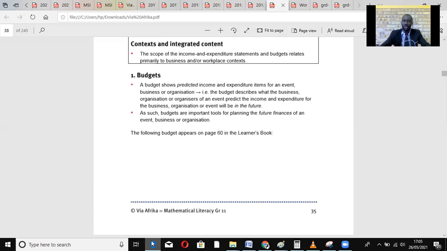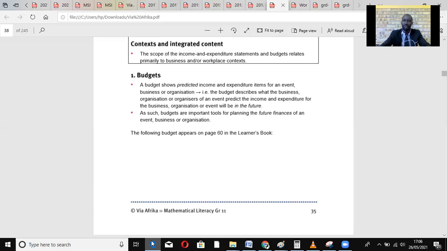So a budget shows predicted income and expenditure items for an event, business or organization. The budget describes what the business, organization, or organizers of an event predict for the income and the expenditure in the future.